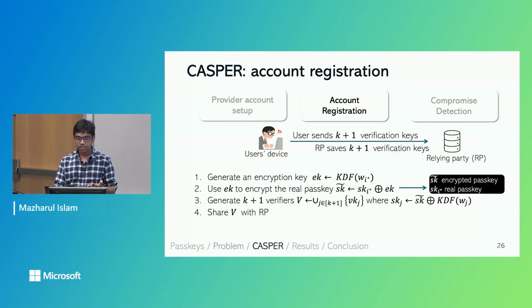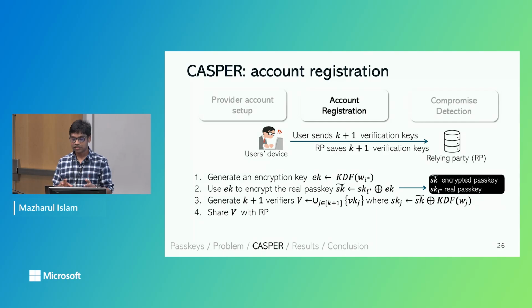And additionally, we also have to generate K plus 1 verification keys. And the way it works is that we can decrypt the encrypted passkey using the set of K plus 1 detection secrets that we already have, and we would get K plus 1 decrypted passkeys, one being the real passkey and the others being the decoy passkeys.